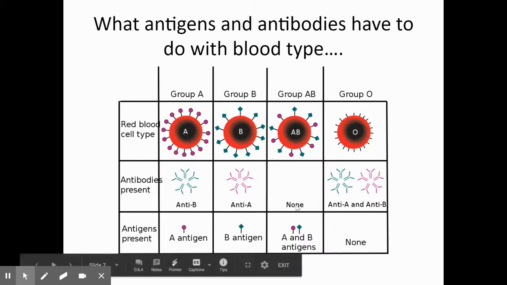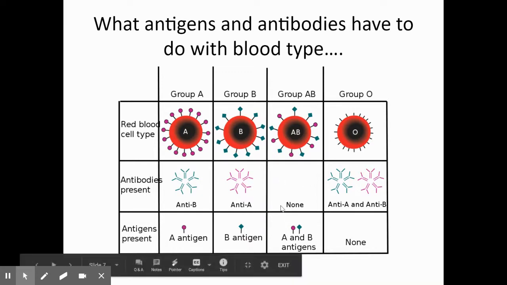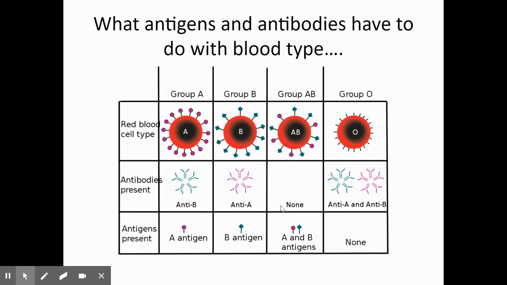All right, now let's look at someone who has type AB blood. Notice that there are no antibodies against the A or the B antigen. All right, they do not have antibodies against the A or the B antigen. Some students say, wait a second, they don't have antibodies. Do these people get sick? No, no, no, no, no. We are just specifically talking about antibodies that would attach to the A or the B antigen on a red blood cell.